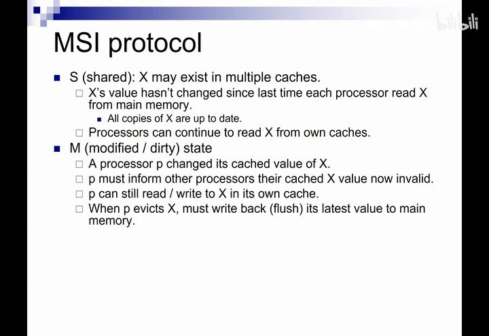P itself has an up-to-date value of X, so it can read and write to X in its own cache. Furthermore, when P is eventually done with X, when P evicts X, then because P is the only processor with the newest value for X, it has to write back or flush this newest value of X back to main memory so that other processors can see the new value of X.